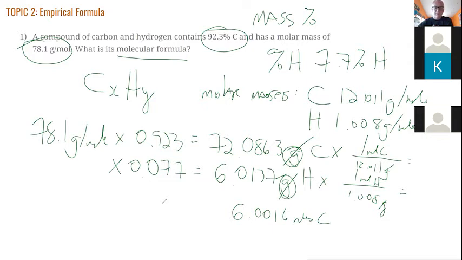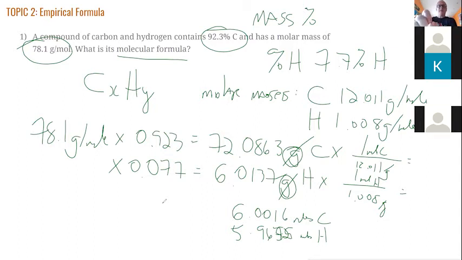So what is it? 5.9672, 5.96? Is that it? 5.9672. Oh, 5.9. Okay. Moles of hydrogen. Now you can see that these two numbers are really close to 6, right?